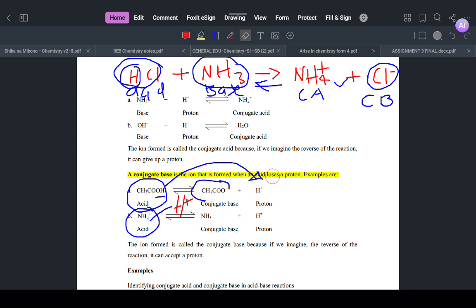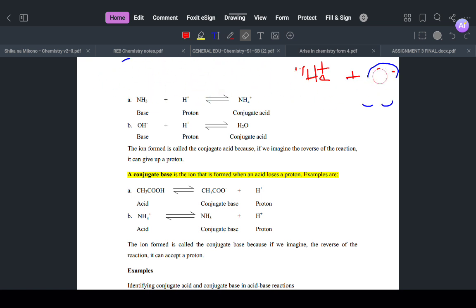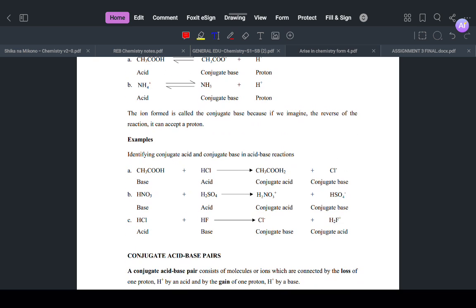Some examples may help to explain this further. Identifying conjugate acid-base pairs in an acid-base reaction. Let's look at these examples. We have ethanoic acid reacting with hydrochloric acid, a very rare case, of course.